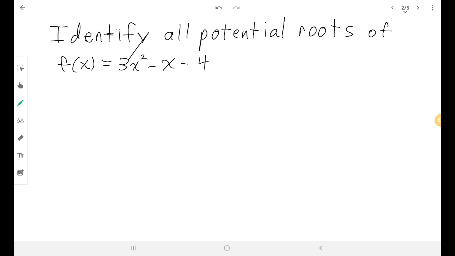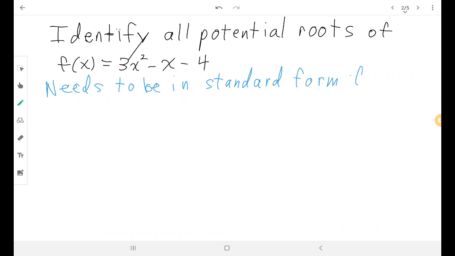And here's the way that you do this. The polynomial needs to be in standard form first. In other words, you got to have the degree defining term, the largest power term, first, and then you got to go down by powers, and the number should be last.